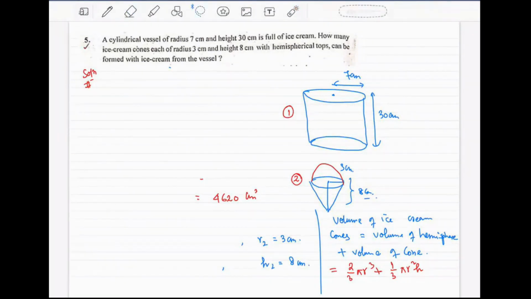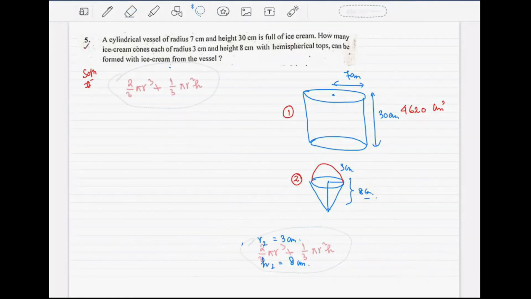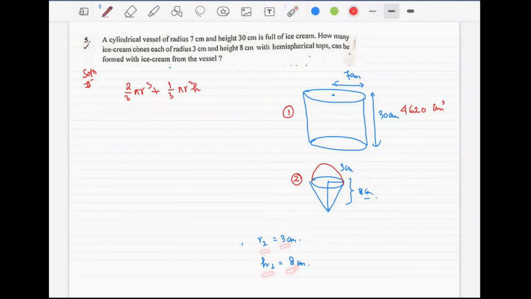So I'm keeping this value on this side, and let's rub this off. So the value of R2 is 3, H2 is 8. Don't just write R, okay? Write R2 here, R2 here. The hemisphere part and the cone part have the same radius. So first of all, let's take the common factor.